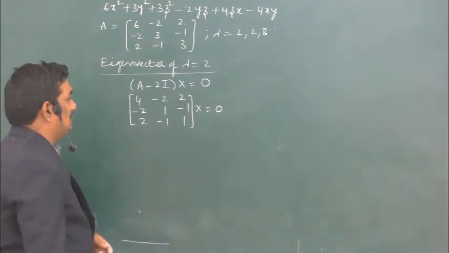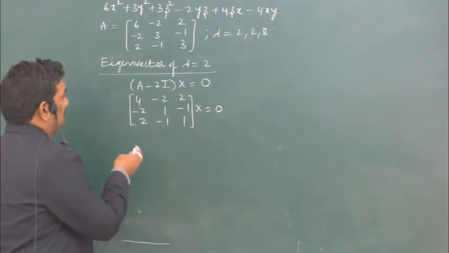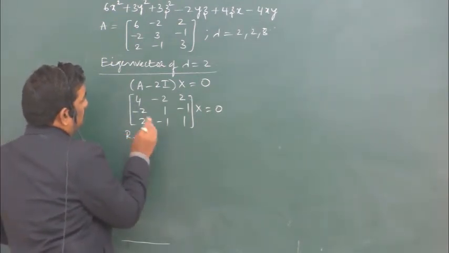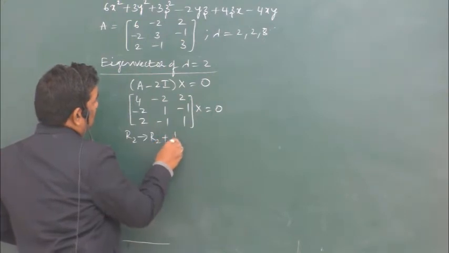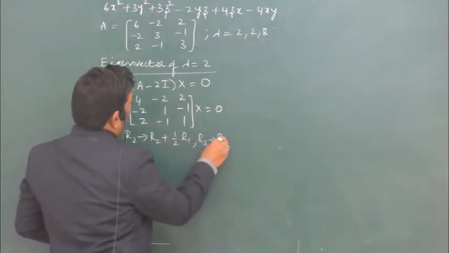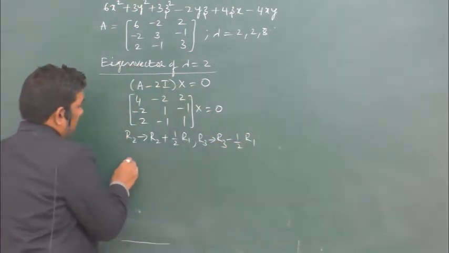Now let us apply the echelon form method in order to solve. Apply the operations R2 plus 1 by 2 R1 and R3 to R3 minus 1 by 2 R1.